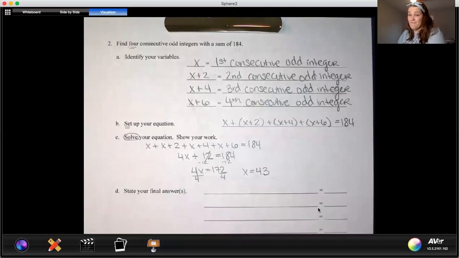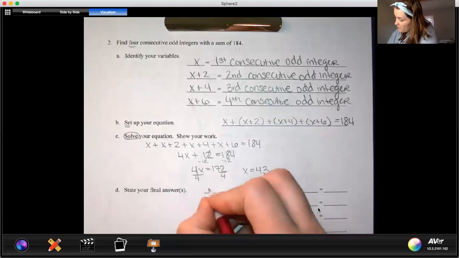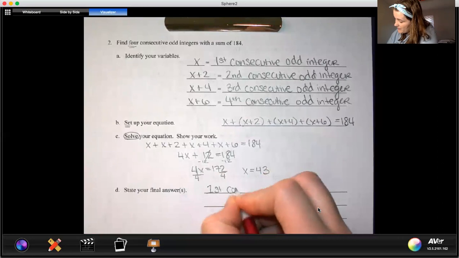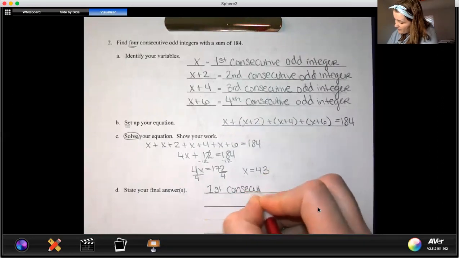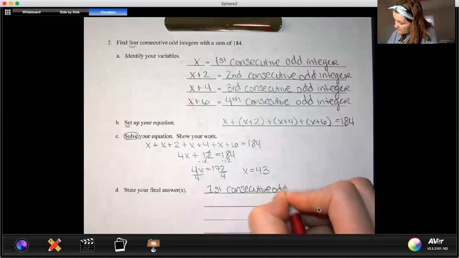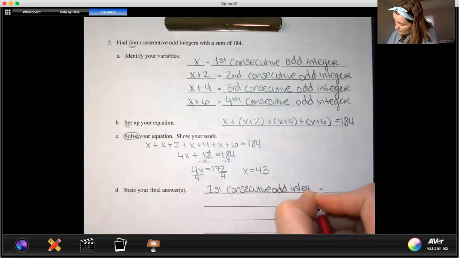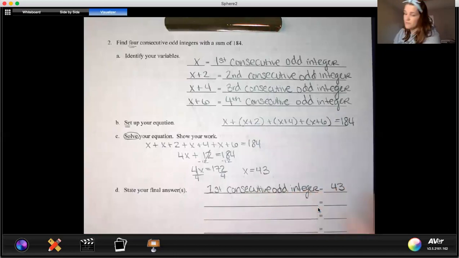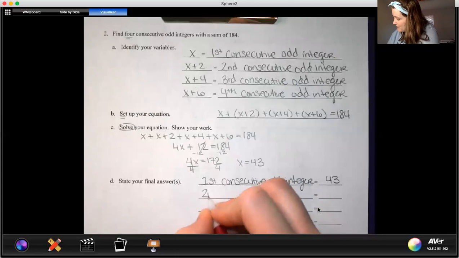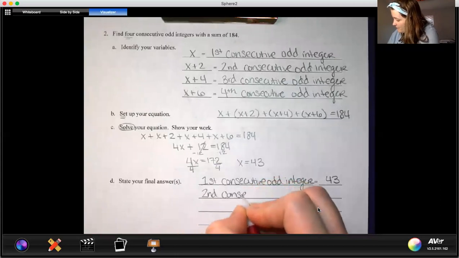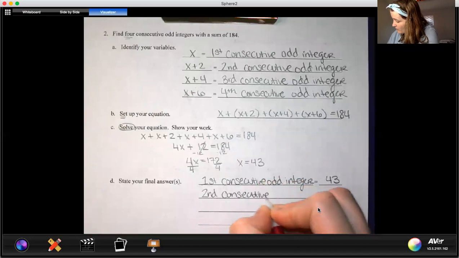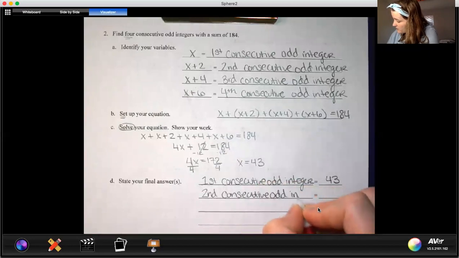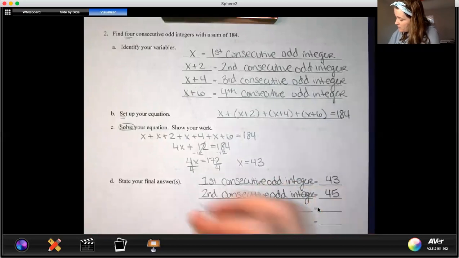So 43 is my first consecutive odd integer. Okay, well again, how am I going to find my next one? Well, the next number is 2 away. So therefore my second consecutive odd integer is 45, and so forth.